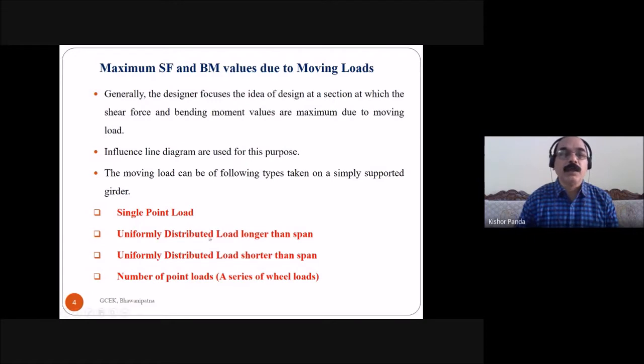But today we'll discuss only the single point load and the uniform distributed load longer than span, when a single concentrated load is moving across a bridge or girder, or when a uniformly distributed load longer than span is moving across a bridge or girder. So these two cases we will discuss today.